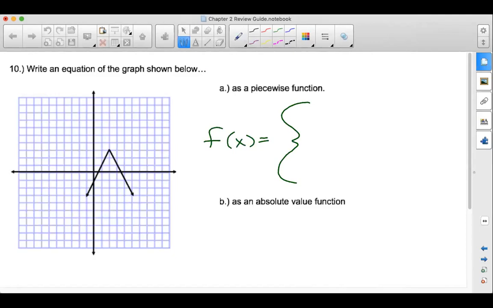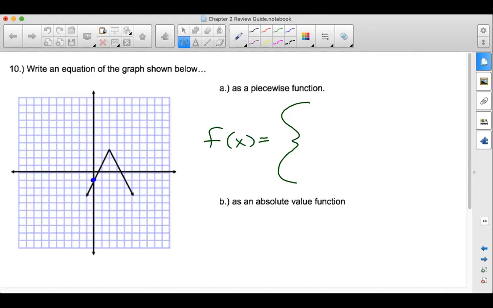Grace, how many equations are going to be in our piecewise function? 2. So we will have an equation for the left line and an equation for the right line. Grace, what did you get for the slope on the left side? It looks like right here is a y-intercept.